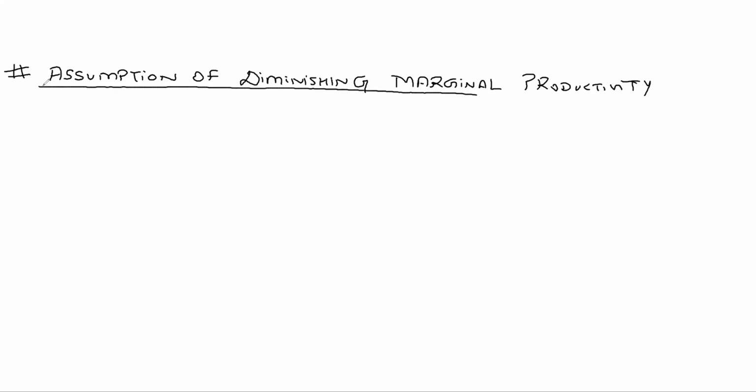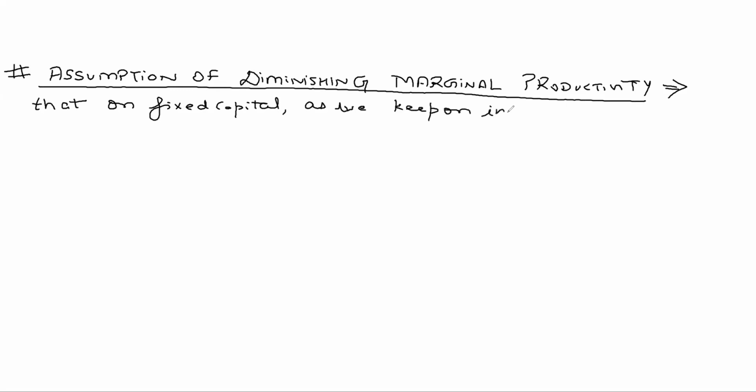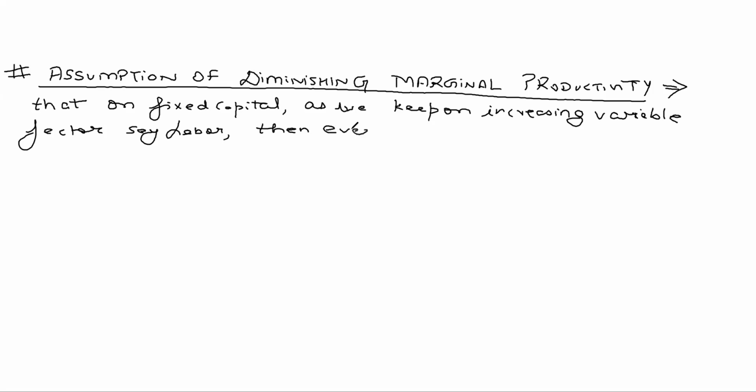The assumption of diminishing marginal productivity implies that on the fixed capital, as we keep on increasing the variable factor, which in our case is labor, then every additional labor hired will produce lesser output.